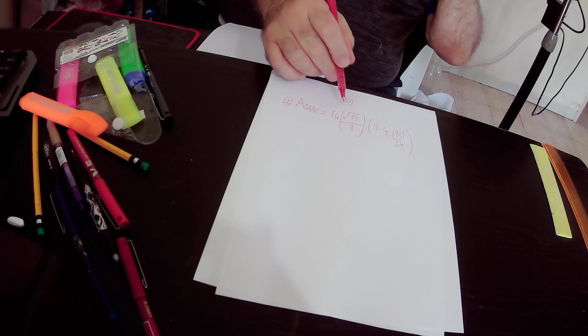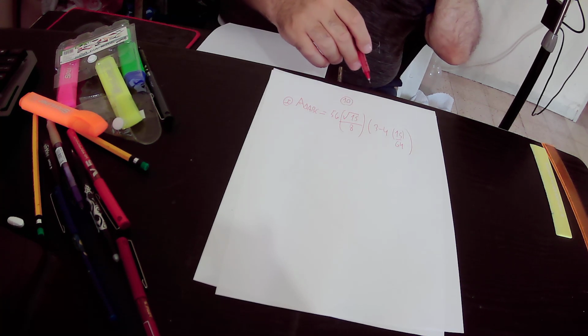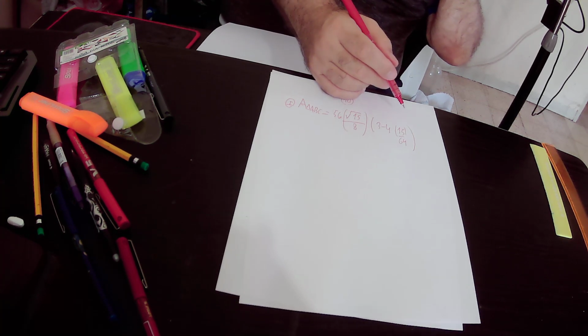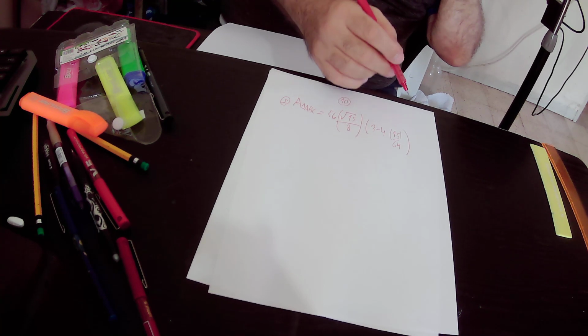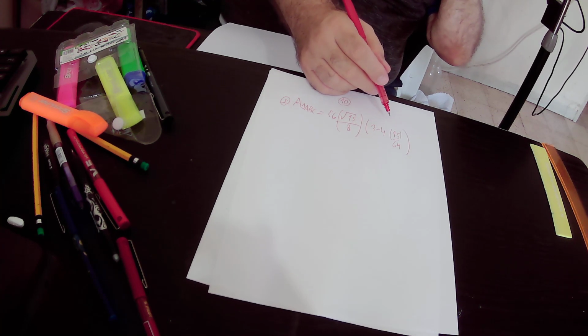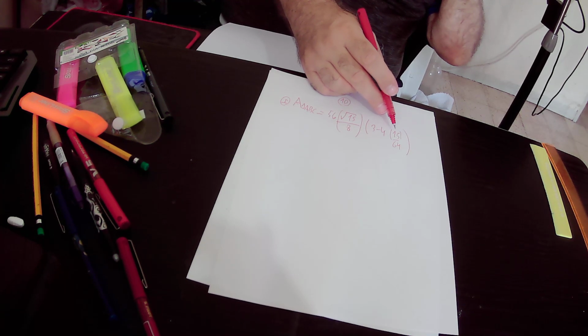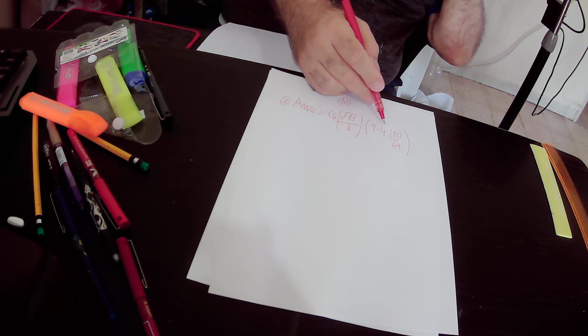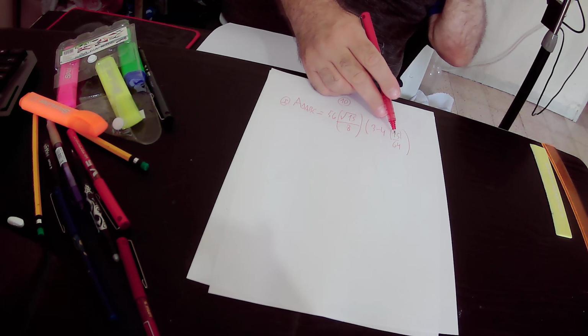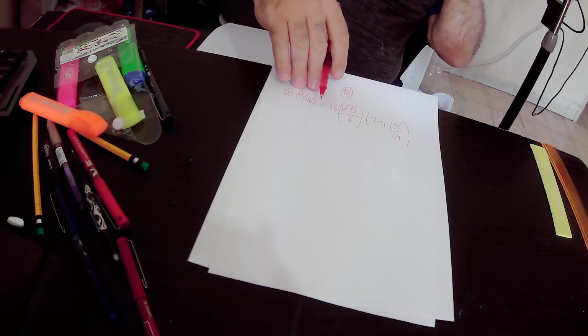Here 56 over 8 is 7, and here we divide the denominator by 4, and we will cancel this 4. 64 over 4 is 16. So I write it down.